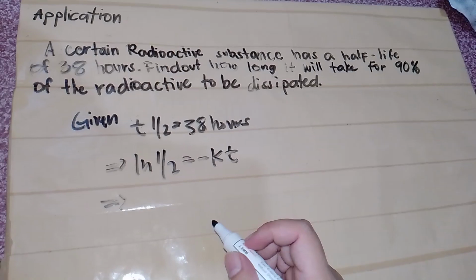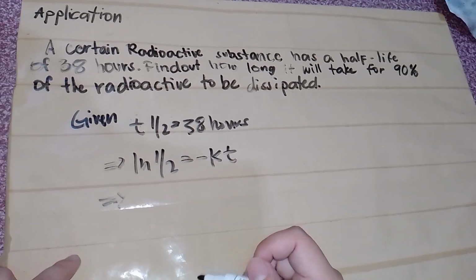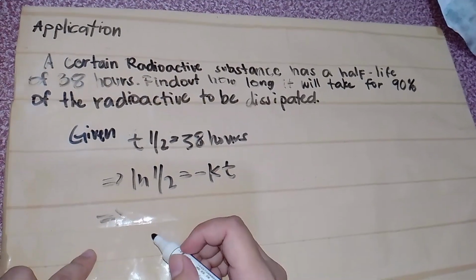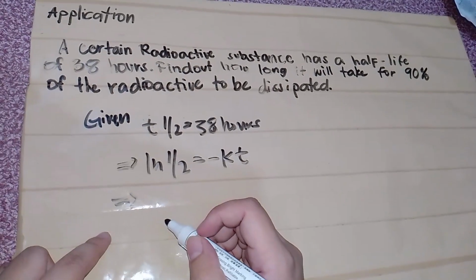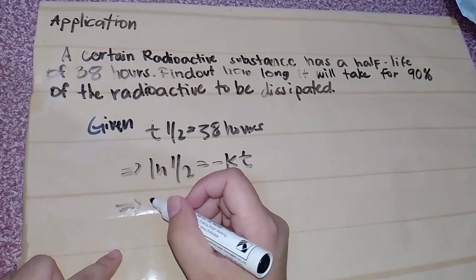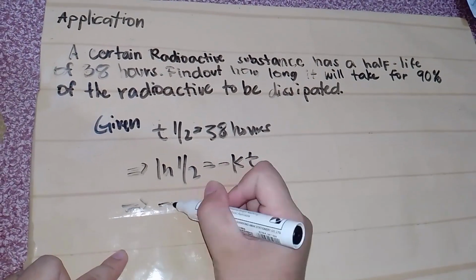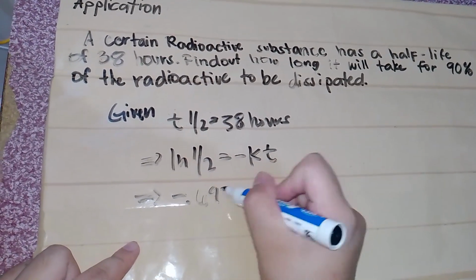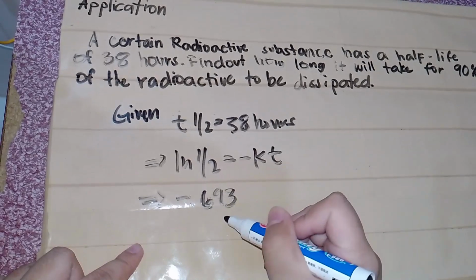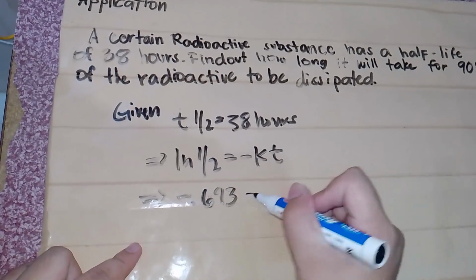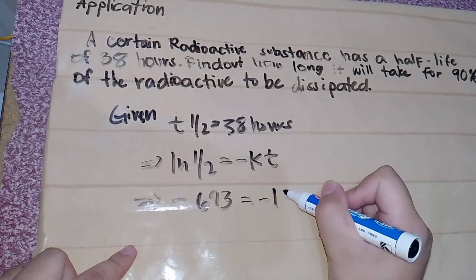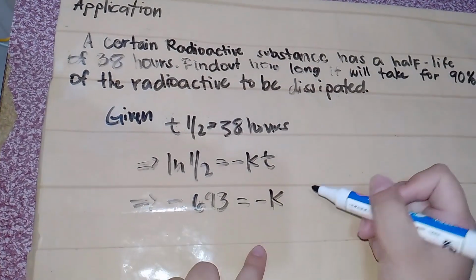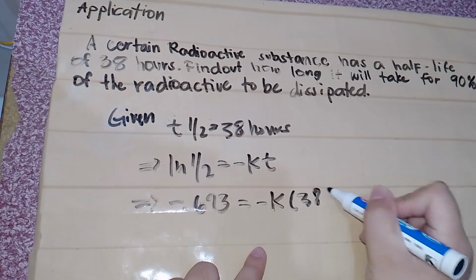Alright, so the value of k rather. So ln of 1/2 is simply negative 0.693. Okay, and for negative k, and the value of t is 38 hours.